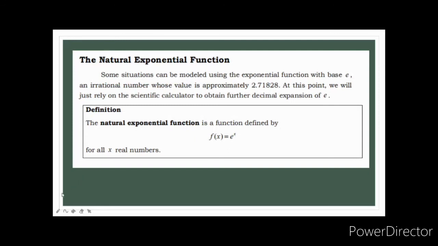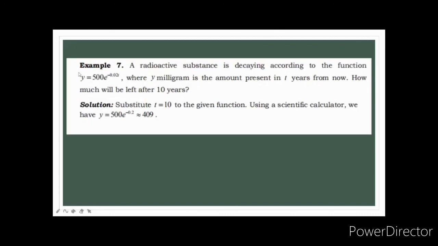Now let's take example number 7 for this natural exponential function. A radioactive substance is decaying according to the function y is equal to 500 e raised to negative 0.02 times t, where y milligrams is the amount present t years from now. How much will be left after 10 years?